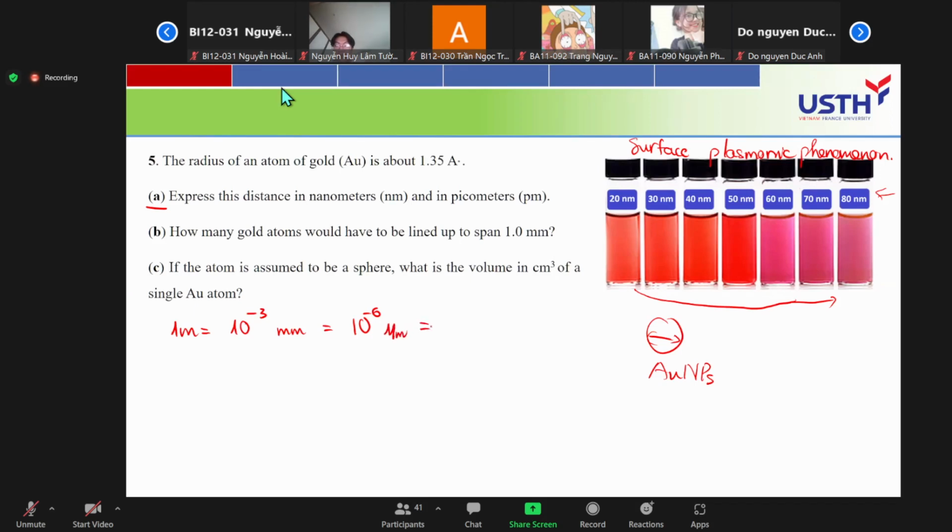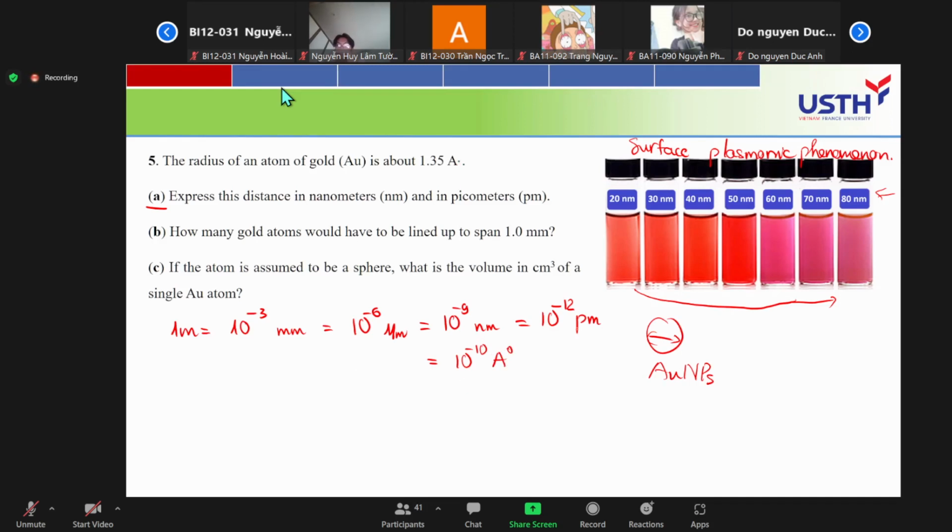Nanometer is 10 to the power of minus 9, picometer is 10 to the power of minus 12, and angstrom is 10 to the power of minus 10.